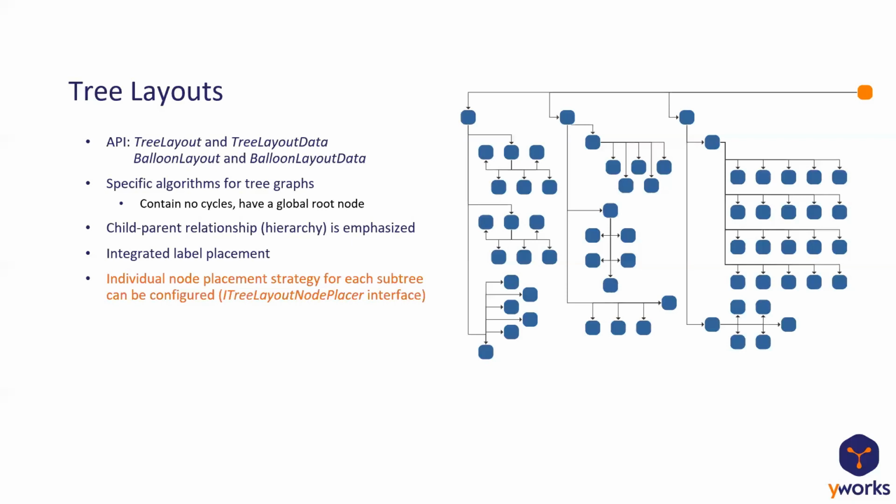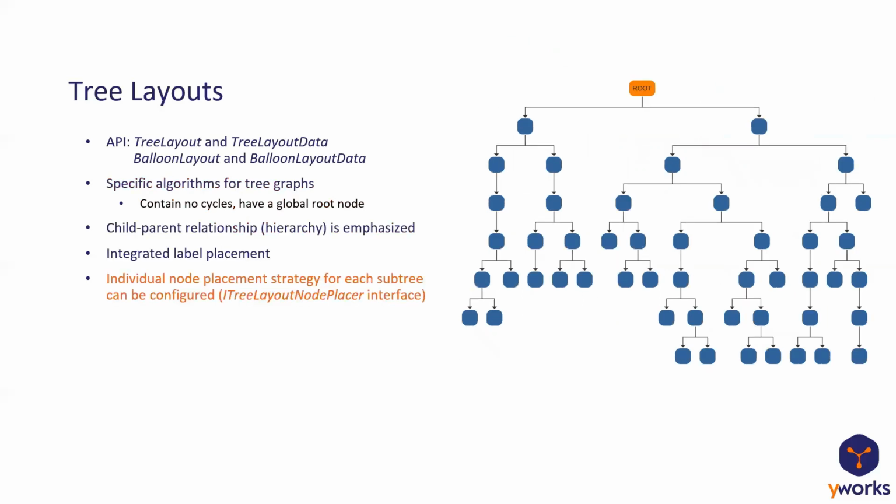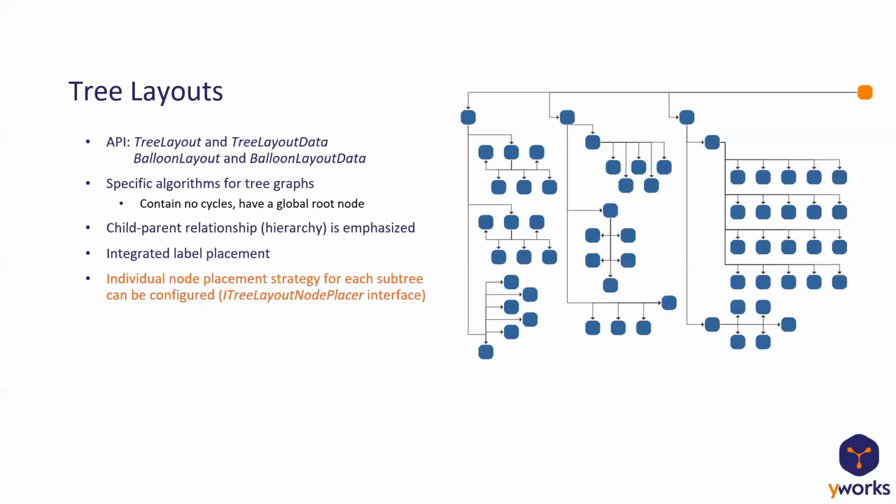The balloon layout was the first example that I have shown. Let me go back. This is the balloon layout here again. For this balloon layout, you do not have the different styles for each subnode, but you have it for the so-called tree layout.